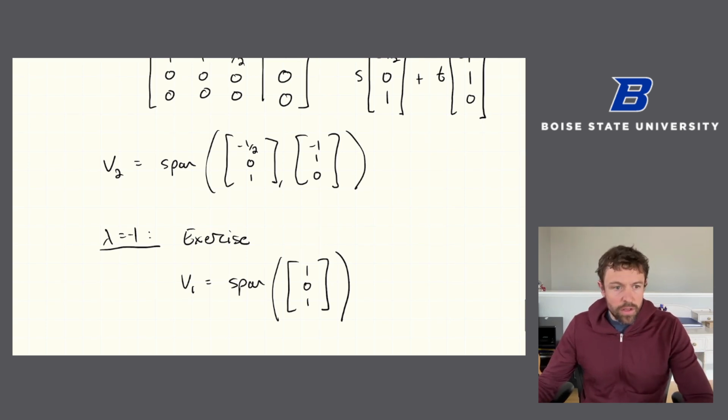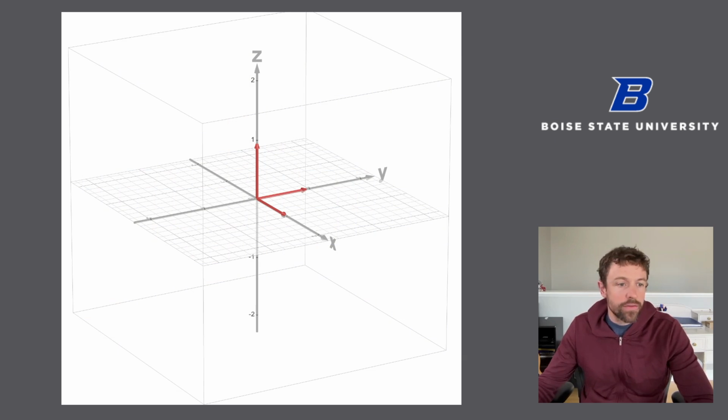Okay, so I want to go and look at this picture. And let me make sure that I have this set up exactly how I want. What I want to do now is just really quickly look at what this looks like, just the linear transformation. So this is the standard basis. And if I apply my linear transformation to three-dimensional space, this is what the linear transformation is doing, something like that.